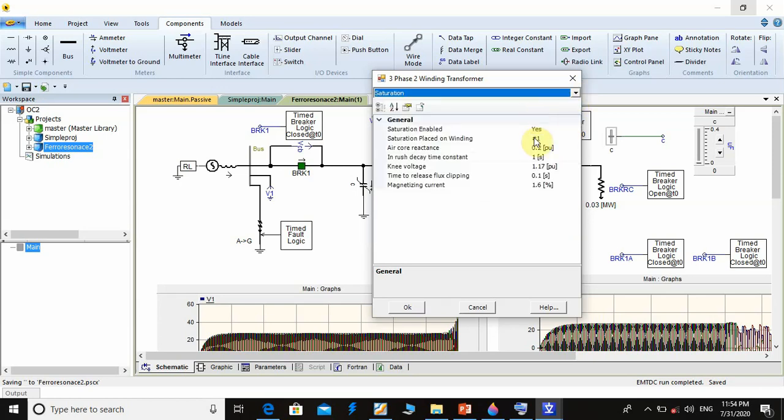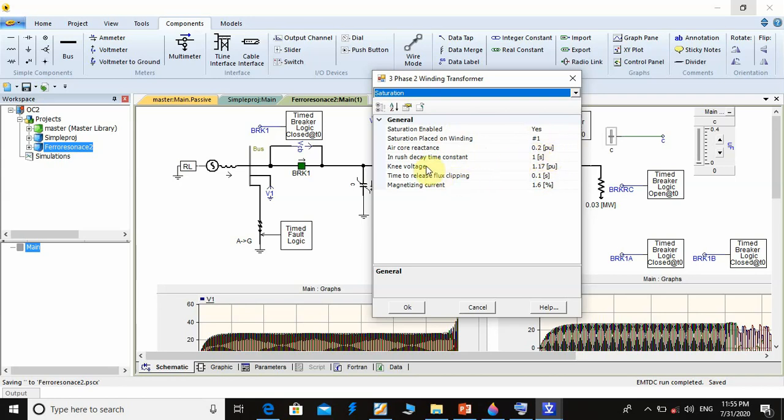What else? It's the saturation window. Here we enable saturation, and in the saturation window for the transformer I get this default data.